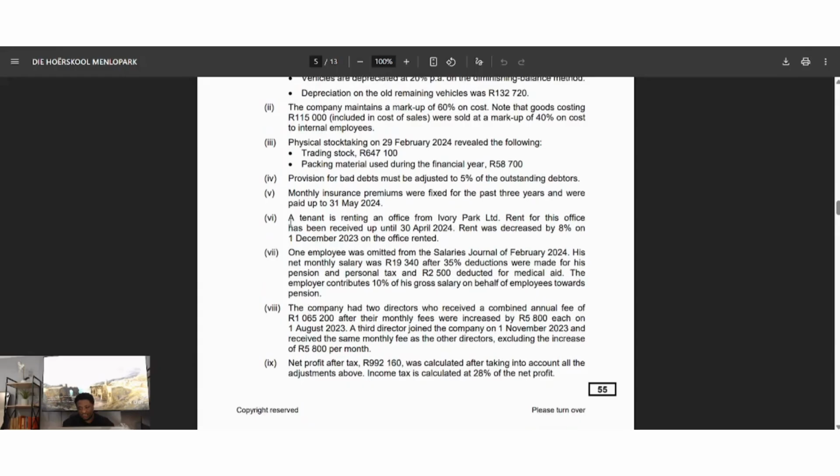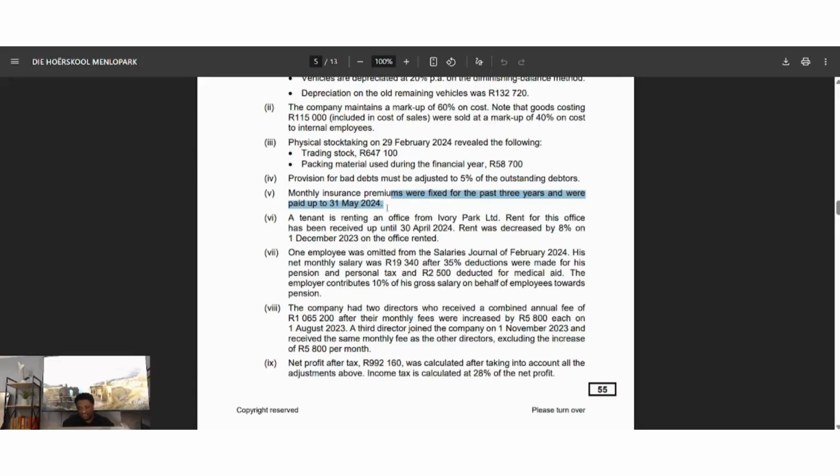Oh yeah, there's the monthly insurance. It says monthly insurance premiums were fixed for the past 3 years and were paid up to 31 May 2024. Okay, so they haven't changed, and we've paid until May 2024.